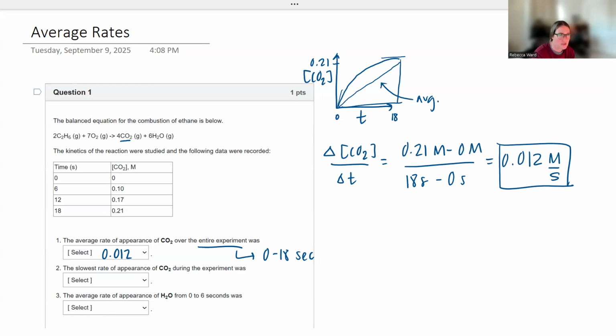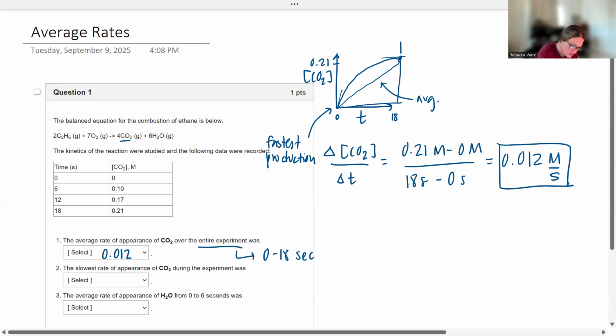In those options, we have the instantaneous rate at 0 seconds. That's going to be our fastest production, because we are generating the most, and then we want to know when the slowest is. That's going to be at the end here, where basically the reaction has stopped, so we're not producing any more.